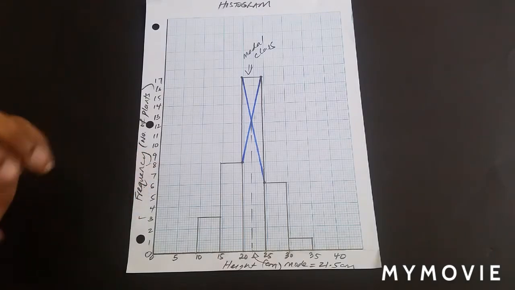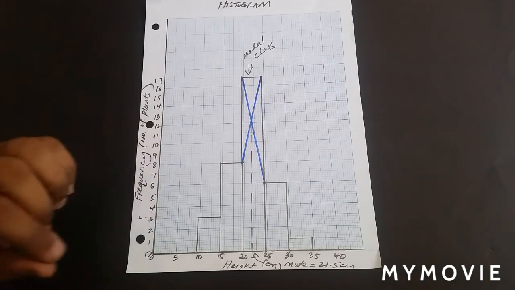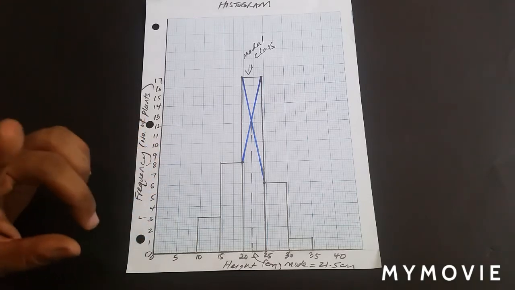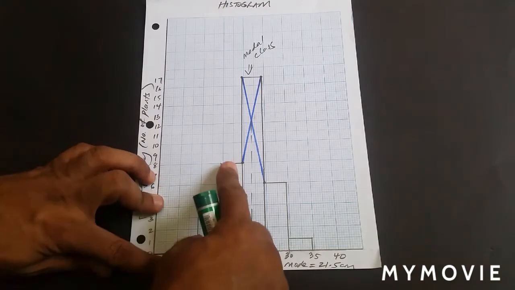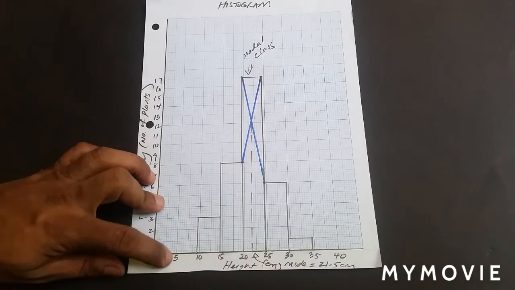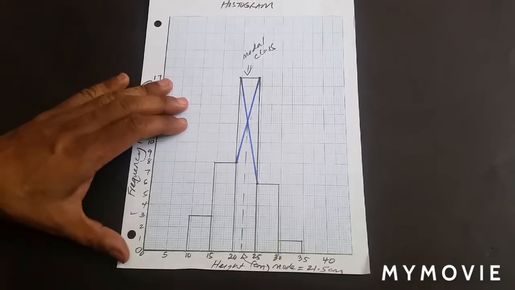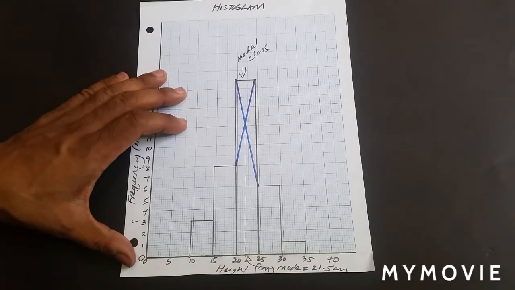Now to get the frequency polygon using the histogram, all you have to do is locate the midpoint of each bar, the top of each bar. So locate the midpoint at the top of each bar. That's what you need to do first of all. So we need to find the midpoint. Let me use a pencil first of all. Let's take a look at this.